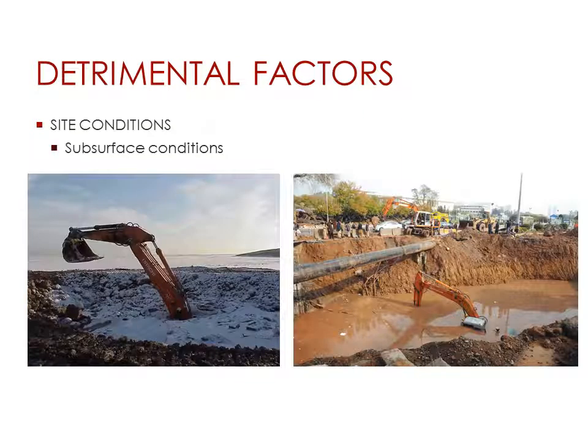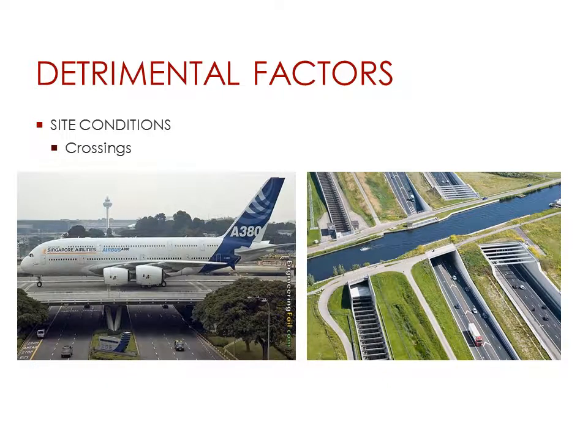So first, the site conditions. Site conditions like subsurface conditions, whether you have groundwater table or not, the type of crossings, whether you are crossing a river or you are crossing a waterway or you are crossing a road. So of course something like that will affect tunnels, it will affect bridge construction.